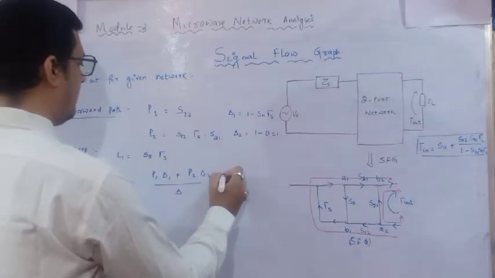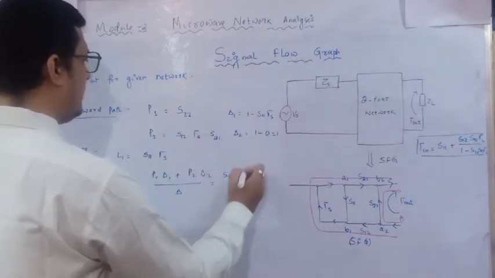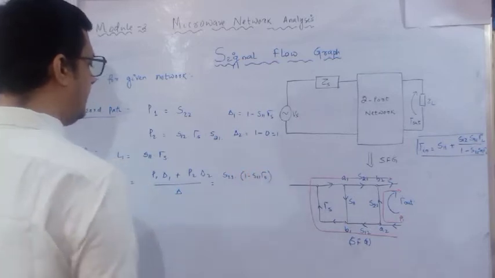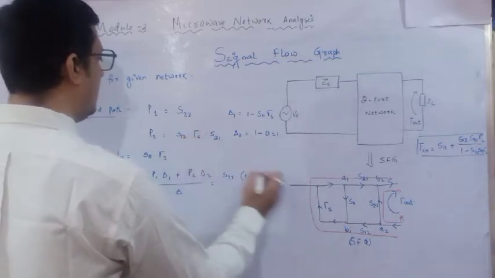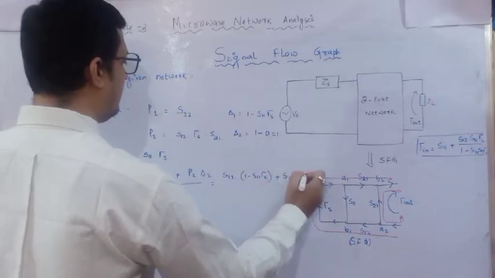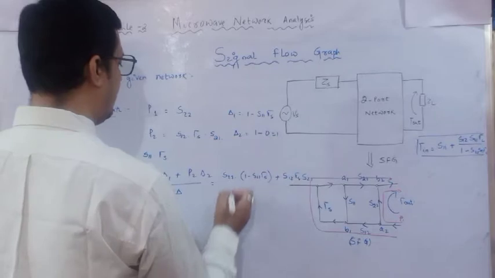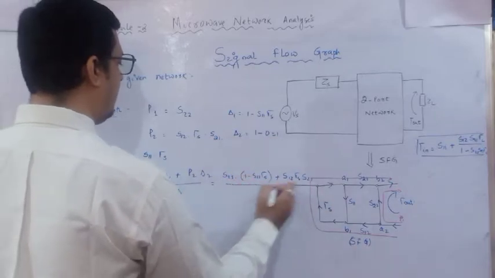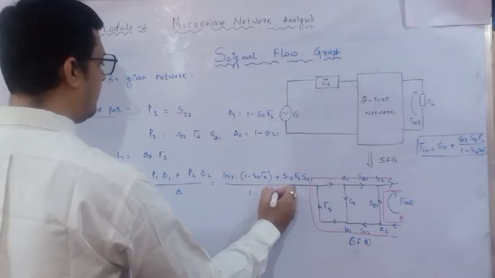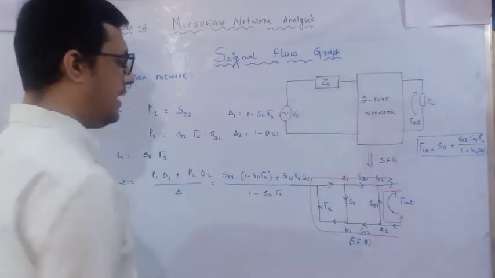Now here I will substitute. What is path 1? It is S22. What is del 1? It is 1 minus S11 times the reflection coefficient of the source. What is path 2? Path 2 is S12 times the reflection coefficient of the source times S21. And del 2 is 1, and del is 1 minus S11 times the reflection coefficient of the source.